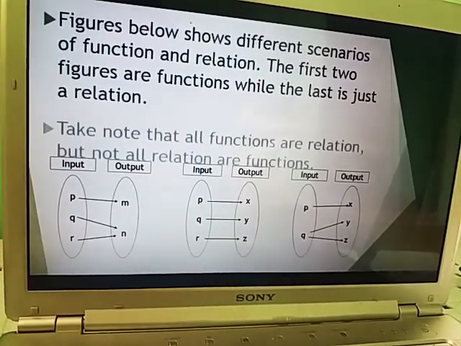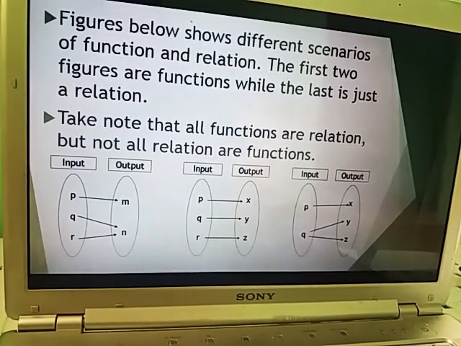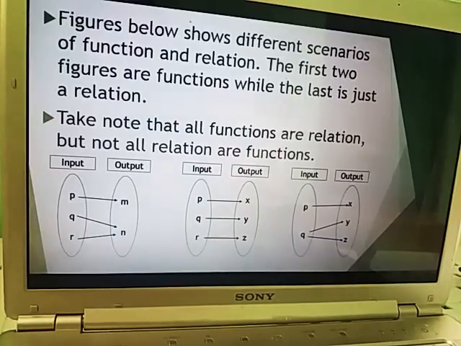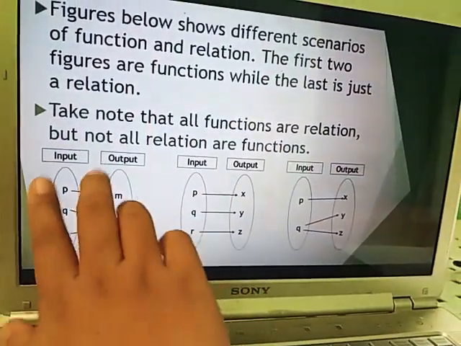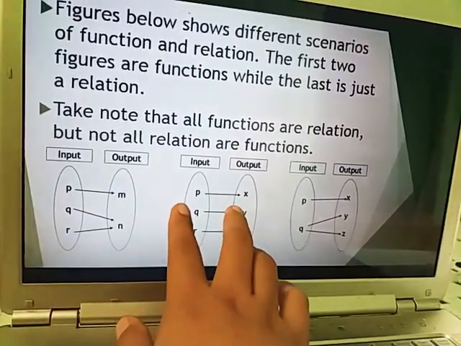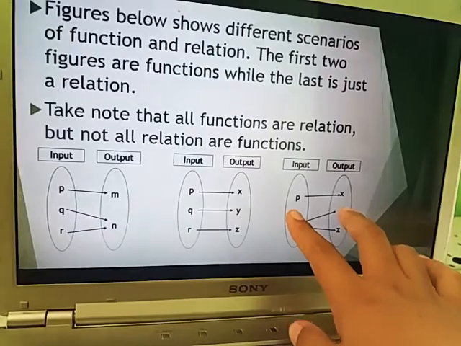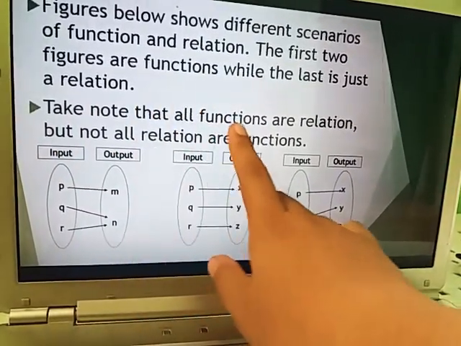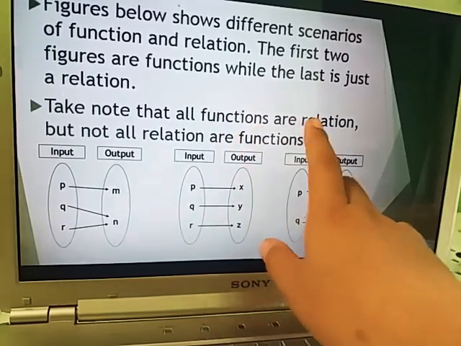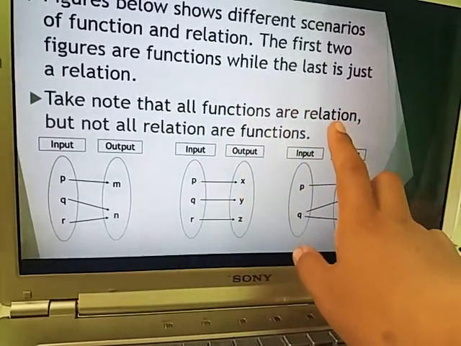Okay. So, the figure shows different scenarios of function and relation. The first two figures are functions. So, ito at saka ito ay function while the last is just a relation. Ito. Okay. So, we have a take note here. Take note that all functions are relations. Lahat ng functions, relation.